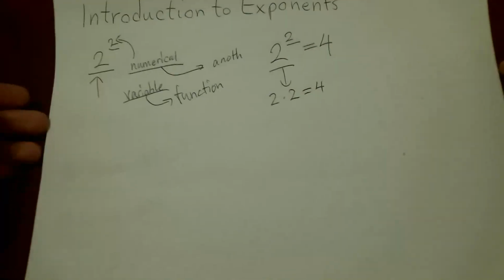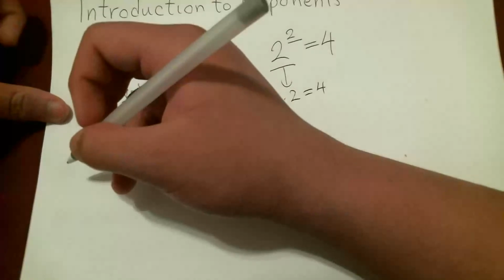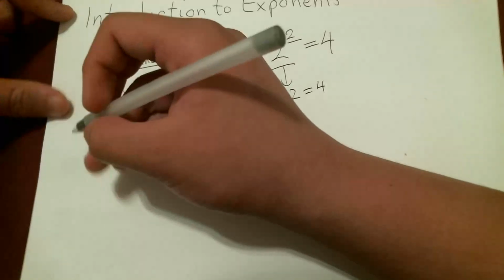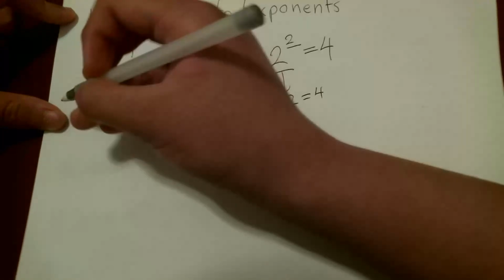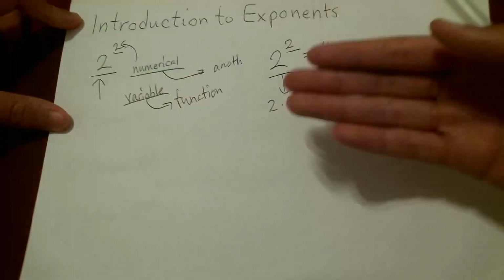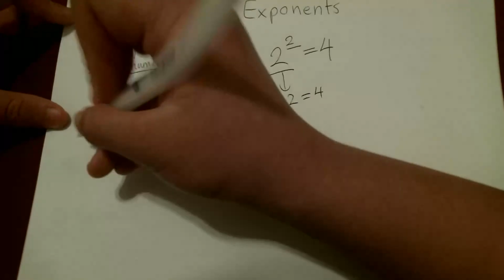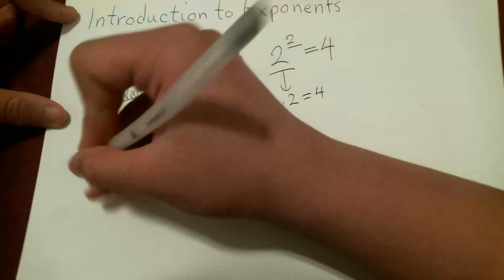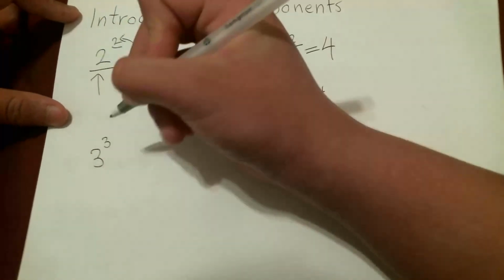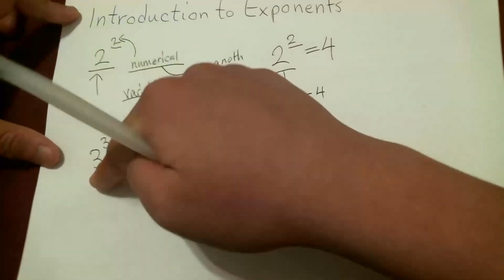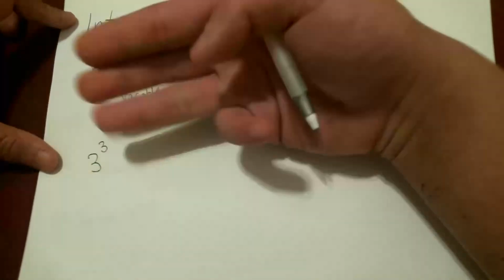Alright, so then what if the number had a higher exponent? Well, then if that was the case, we would have to multiply this number by itself more times. So say we had a base number 3 and an exponent of 3 as well. So that means we would have to multiply 3 by each other 3 times.